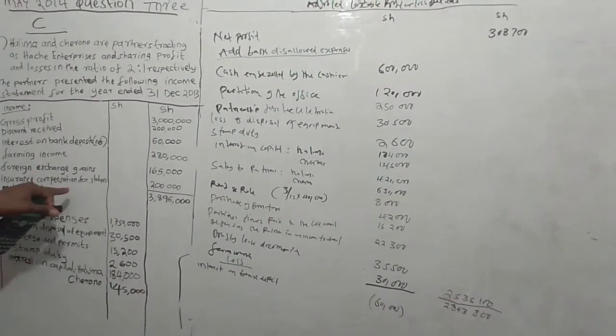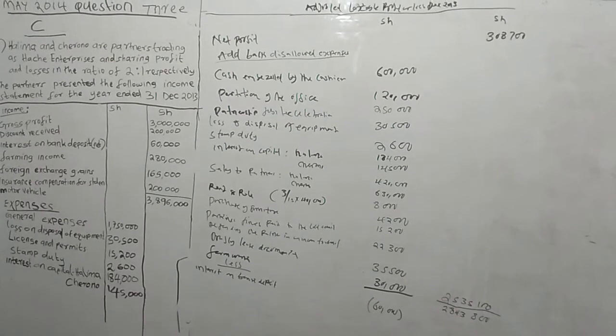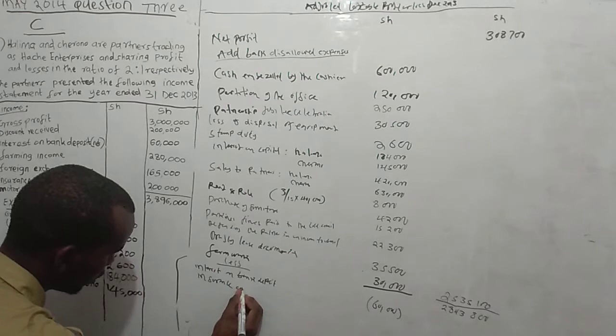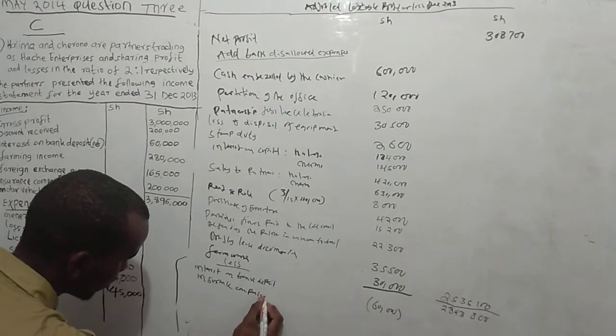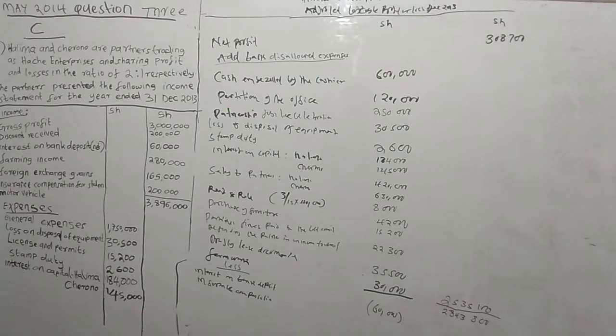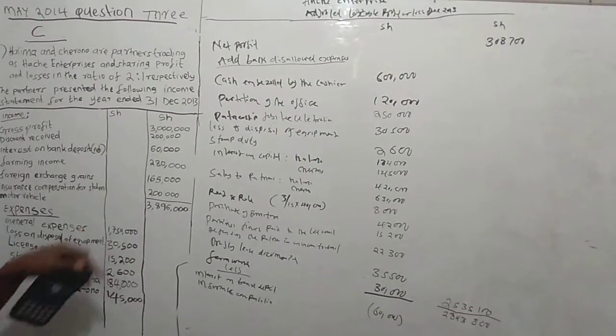Next, we are going to less insurance compensation for stolen motor vehicle. The amount there is 200,000.